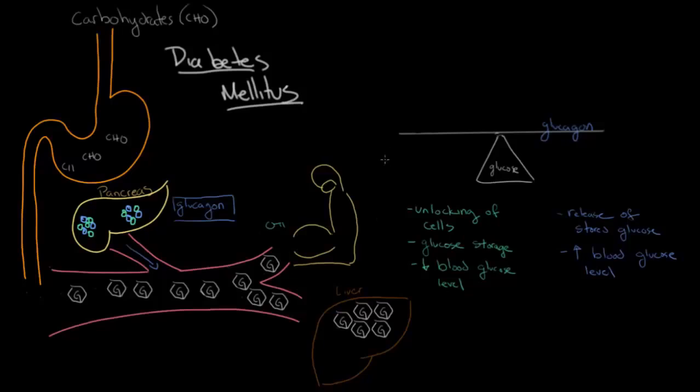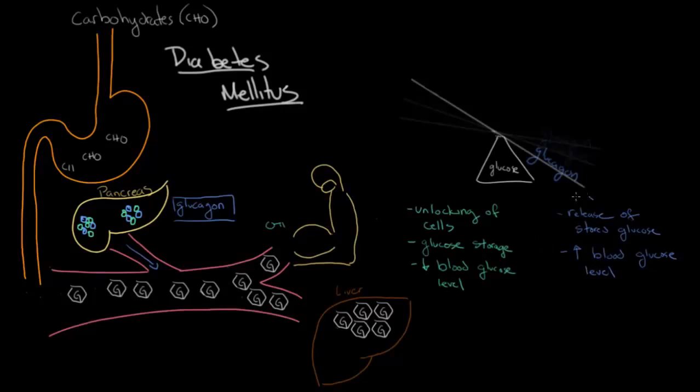Regardless of the underlying mechanism, though, when you don't have insulin here to balance out the blood glucose levels, this balance is going to be tipped in the favor of glucagon. And as such, the effects of glucagon here are going to become more predominant. So what you see in diabetes mellitus, one of the characteristic findings, is that there's going to be hyperglycemia.